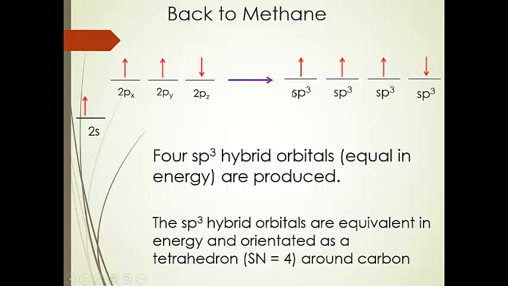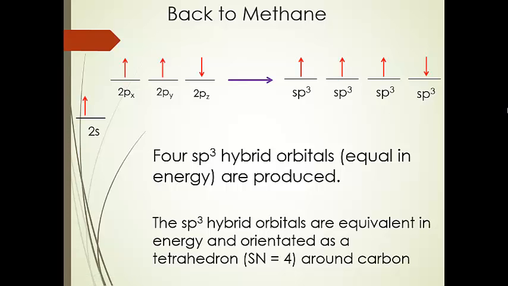S is for the s orbital that we mixed, p, and the superscript 3 represents how many of those p orbitals we used. Notice we mixed a 2s and all three 2p's, so 1 plus 3 equals 4. Mix four atomic orbitals, get four hybrid orbitals back out.